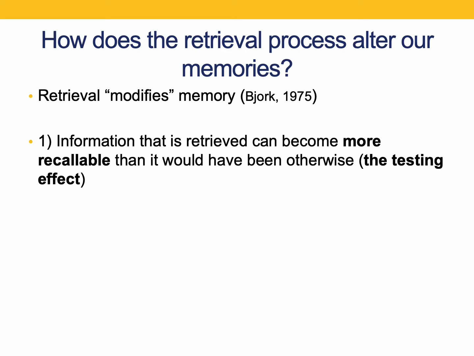So we call this the testing effect, the fact that taking successive tests on a passage, as opposed to simply reading a passage over and over again, okay, results in better long-term learning than simply reading a passage.